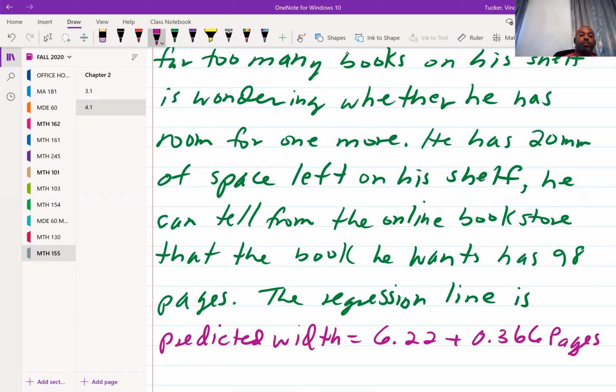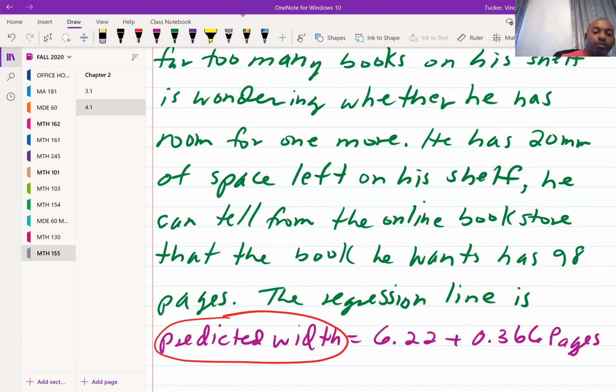All right, so in the purple is our regression line. They wrote it with words instead of variables. Predicted width is the actual variable, but right now, since they're introducing it to you, they're writing it as a description versus just one variable.